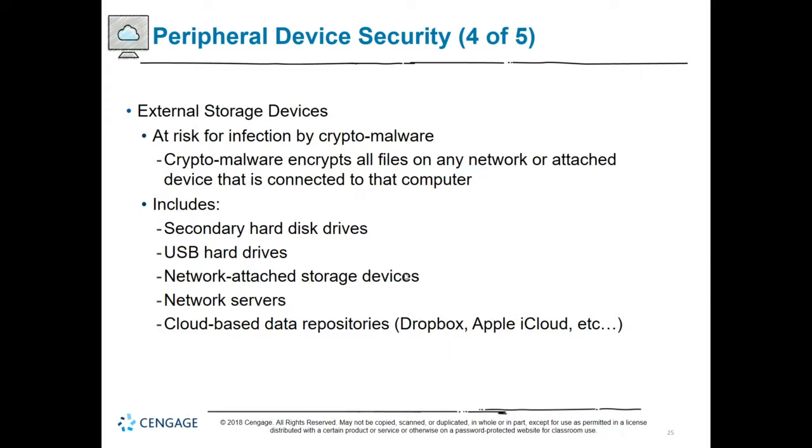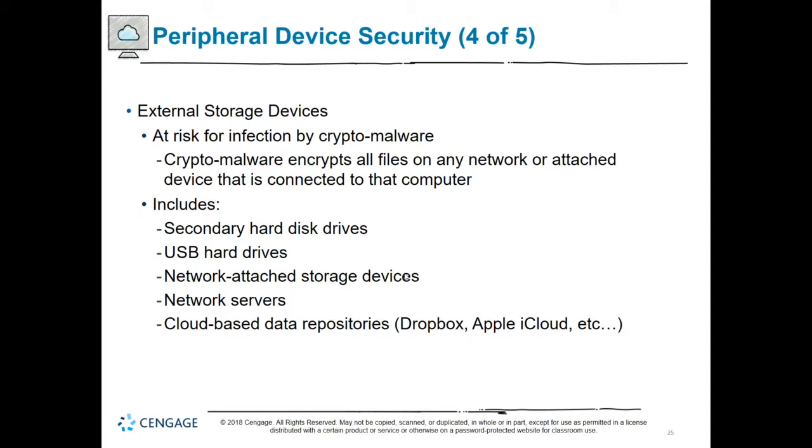External storage devices. We've talked about the crypto attacks, the crypto malware. These are still subject to those attacks. If we have an external hard drive hooked up to the computer and the crypto attack comes in, it can still go in and encrypt all files on that network or any attached drive.